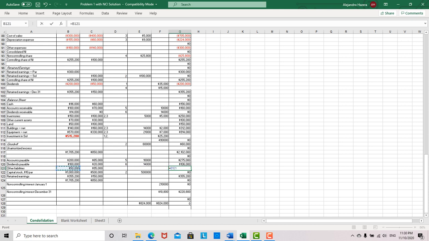We've got other liabilities of 50 plus 95, so 145. Capital stock is 1 million plus half a million less half a million. That gives you 1 million, which is equal to the parent's, by the way. We brought down retained earnings from above, which, by the way, is equal to the parent's retained earnings.